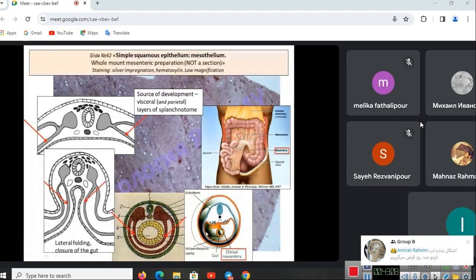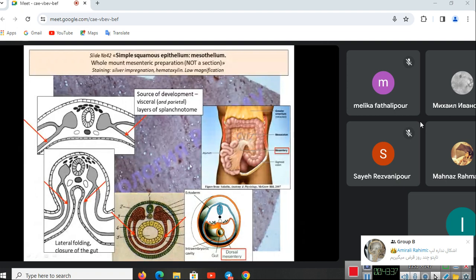So the intestine actually is kind of hanging on this mesentery. So the gut hangs on the mesentery, which is actually the two layers of the mesothelium from the right and left side. And this is actually what we see in this histological preparation.